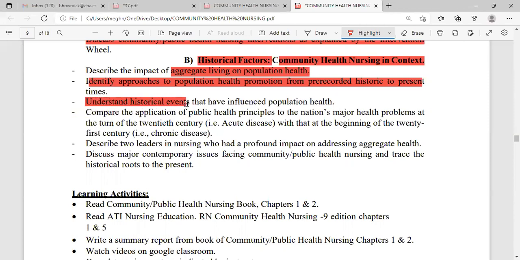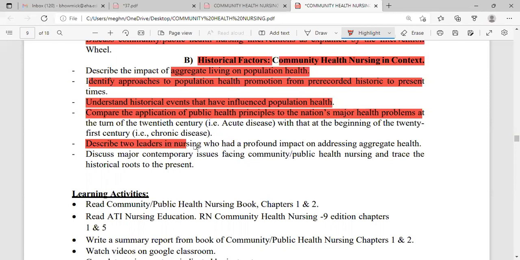Understand the historical events that have influenced population health and compare the application of public health principles to the nation's major health problems, and also describe 2 leaders in nursing who had a profound impact in addressing the aggregate health, and discuss the contemporary issues facing community and public health nursing, right?